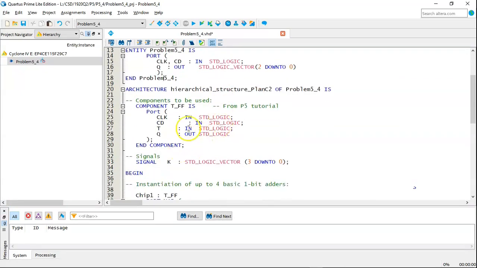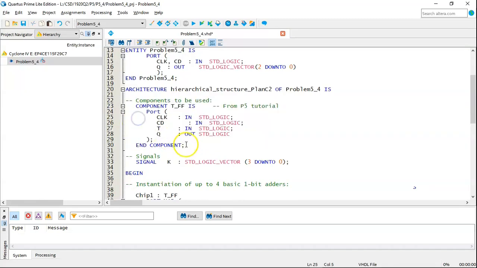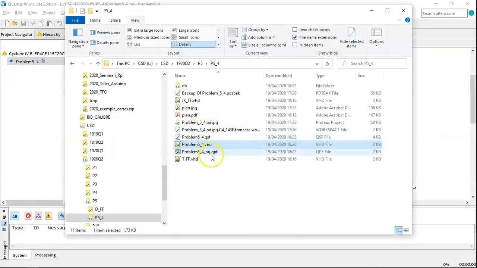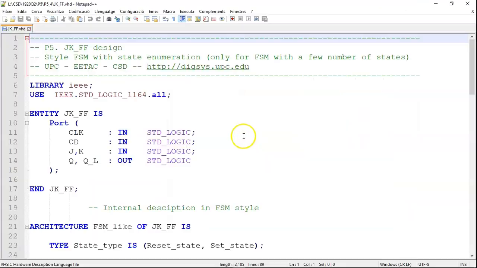And then, you can go naming the components. One component is the T flip-flop. The other component is the one that you have here as the GK flip-flop. All right. So you can copy this device very well.